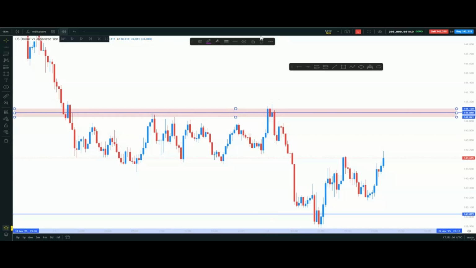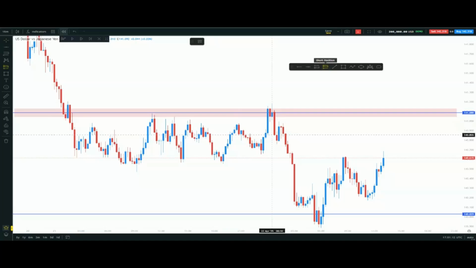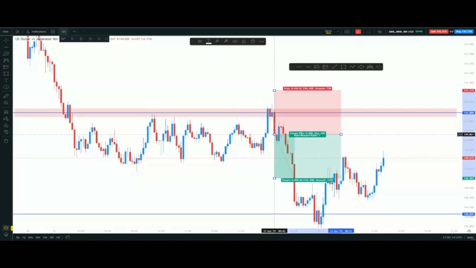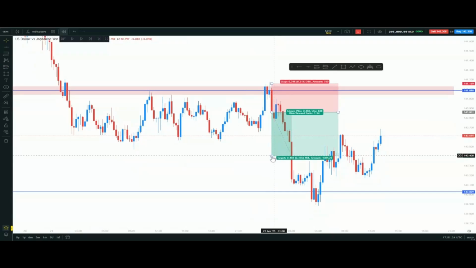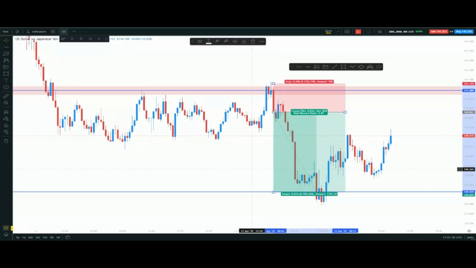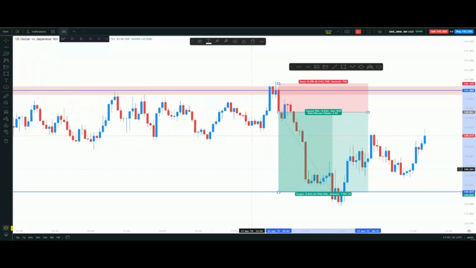If you were to take a trade with the trend, you would enter a short position right here. Then your stop loss goes above these candles, above this ginormous bearish candle, and you would easily target this low right here, giving you a 2.8 risk to reward ratio.